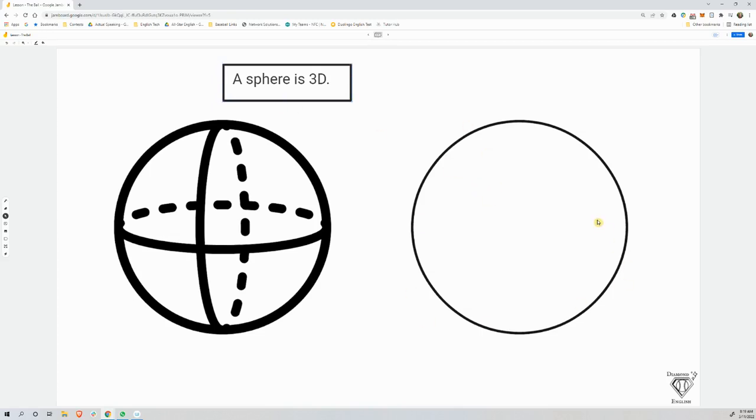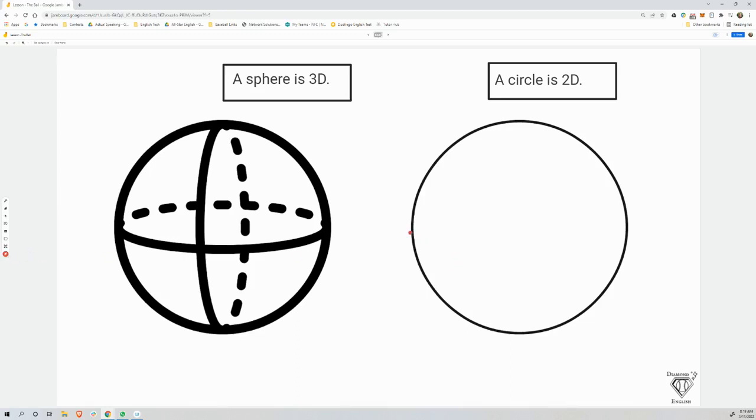This isn't a sphere. What is this? Not a sphere. This is 2D, and it is a circle. Okay, a circle is 2D, two-dimensional.